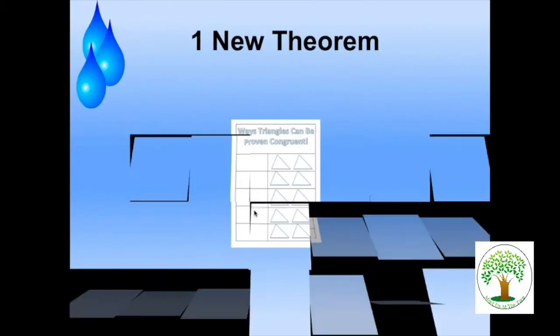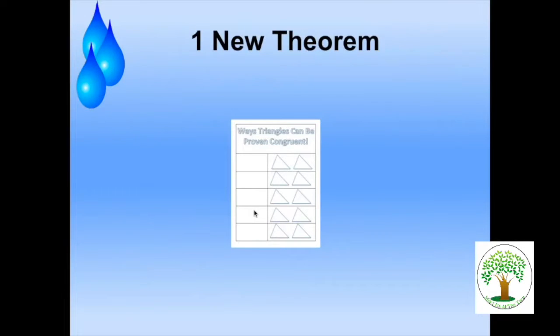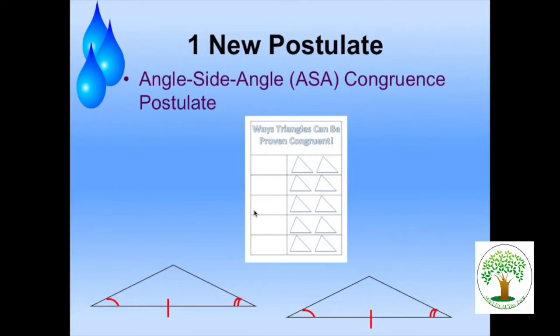Why are there 2 marks on one side and 1 on the other? Good question. That means that these two are congruent to each other, while these 2 are congruent with each other. You need to have double marks. If I only had 1 mark on all of them, that would imply that all 4 of those angles were congruent.